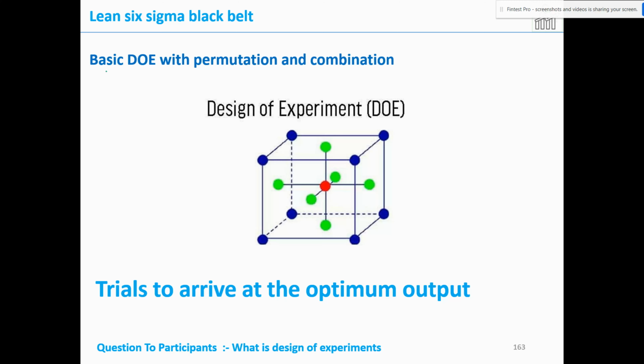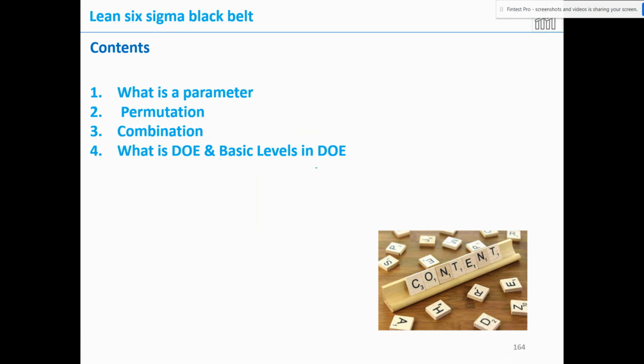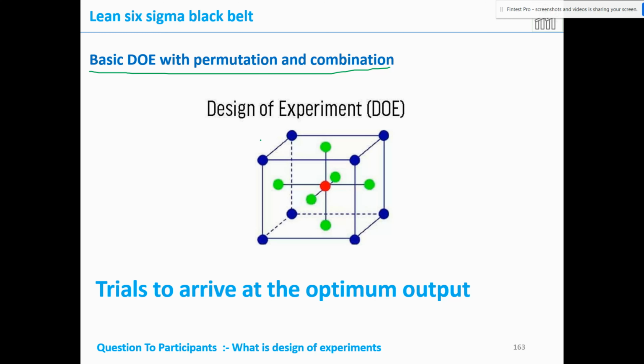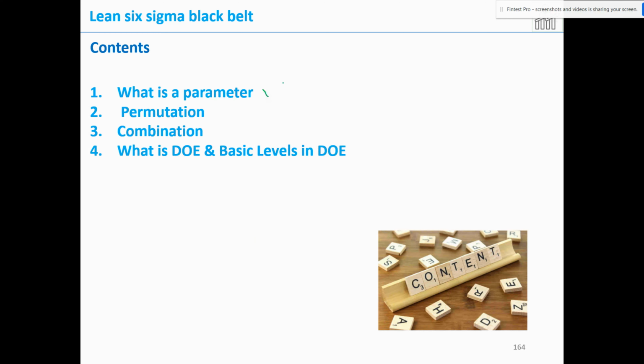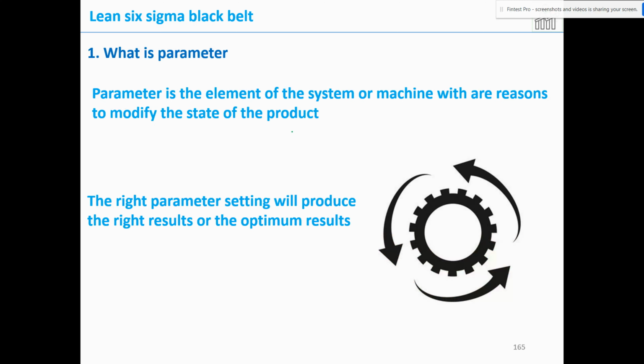Now, basic design of experiments with permutation and combination. For doing basic DOE with permutation and combination, we need to understand what is a parameter, what is permutation, what is combination, what is DOE and the basic levels of DOE. So what is a parameter?